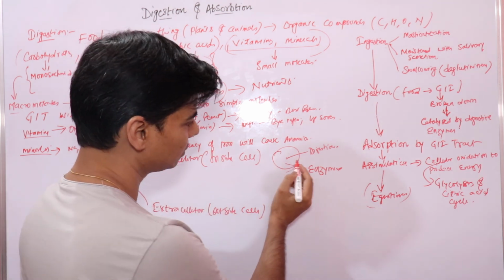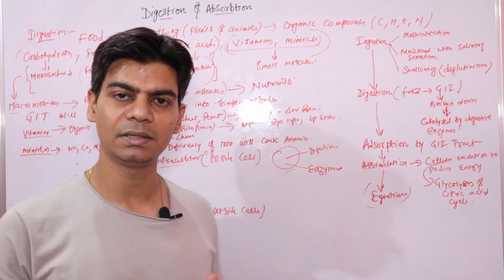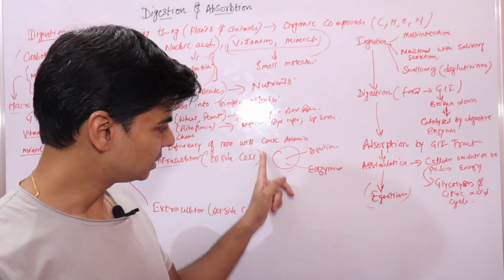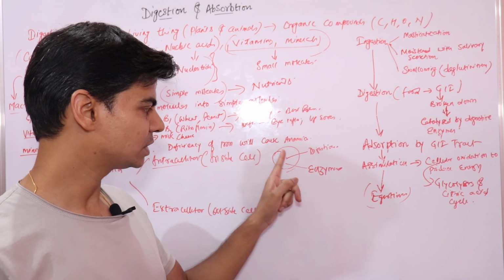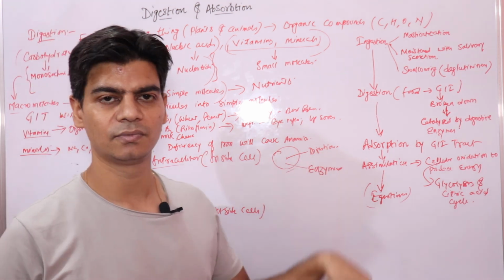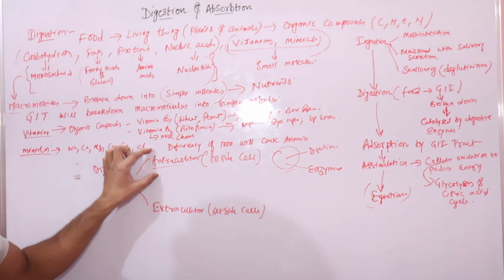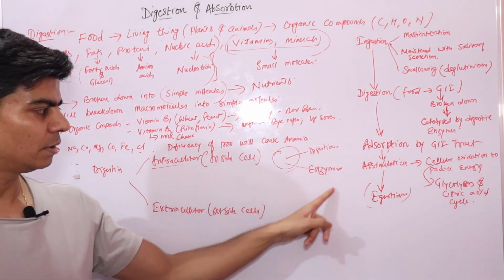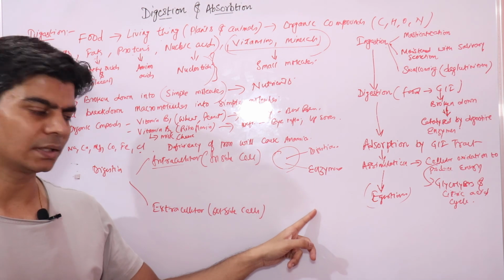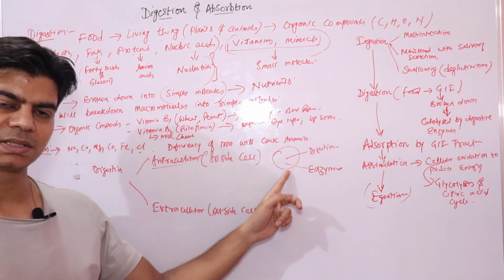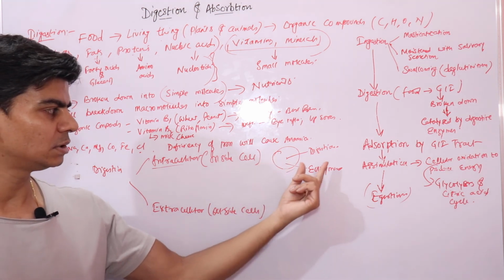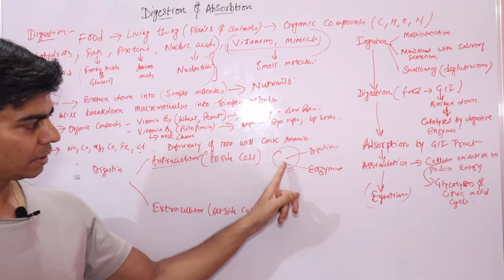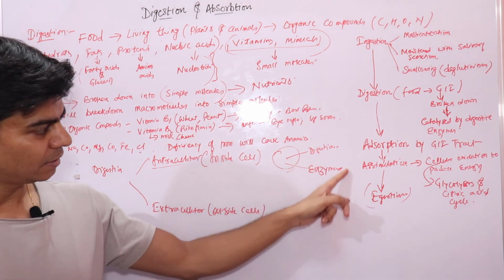This food is taken inside the cell by a process of endocytosis. Once it is inside the cell, the enzymes will help digest the food. So just remember, intra means within the cell, and there is a process called endocytosis, by which food is engulfed inside the cell, where it will react.